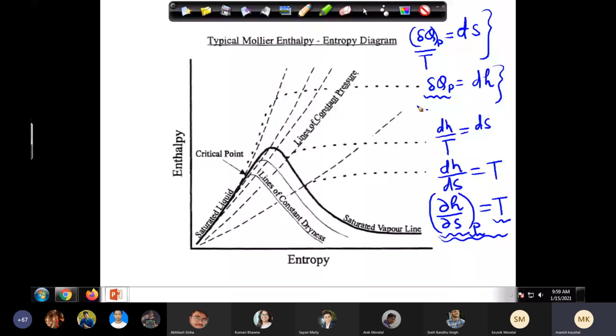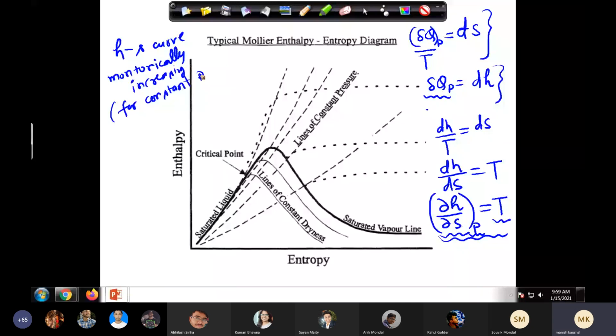HS curves monotonically increasing. So temperature is always positive. Very good. Increasing for constant pressure line, for constant P. So we got an answer already, that ∂H/∂S is T, and T is always positive. Okay, in Kelvin, of course.